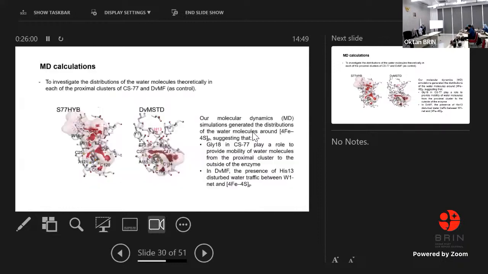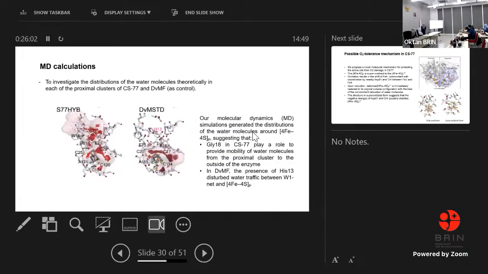Okay, so the next one, and then we do the MD calculations to find out the distributions of the water molecules in the CS77 compared to the standard one. In this case, you can see that the S77s have glycine 18, and this one has histidine 13.